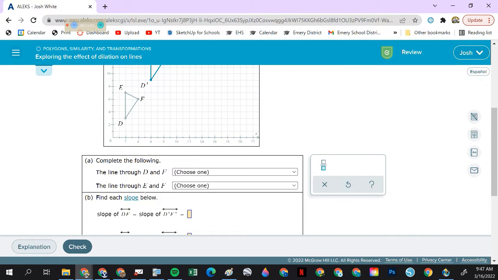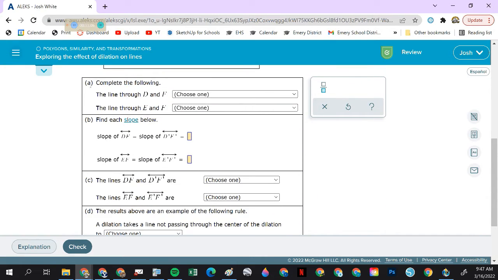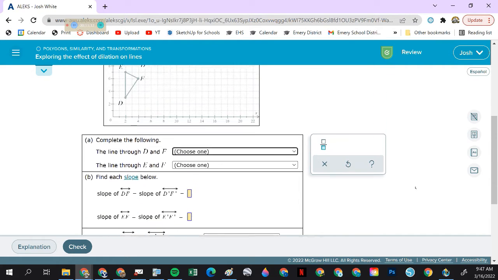All right, so here it's asking us, the line through D and F passes through the center of dilation or does not pass through the center of dilation.